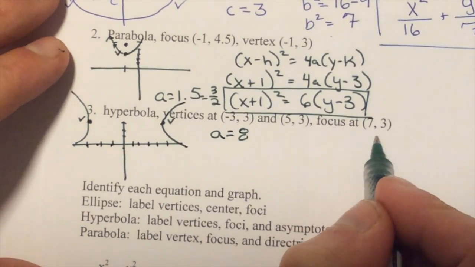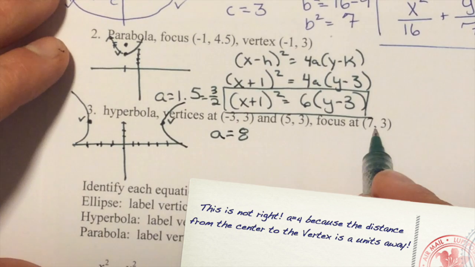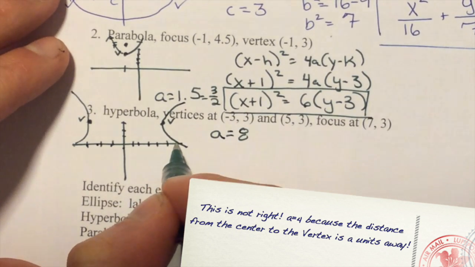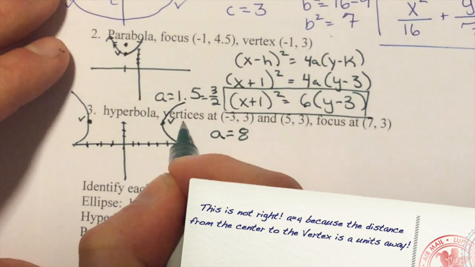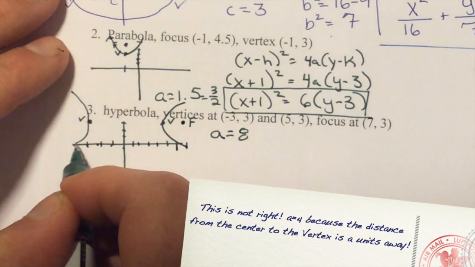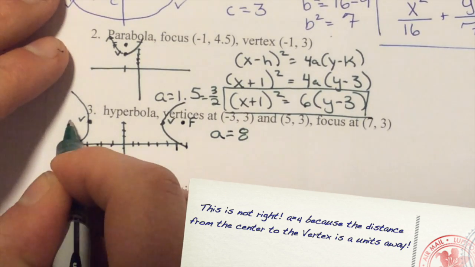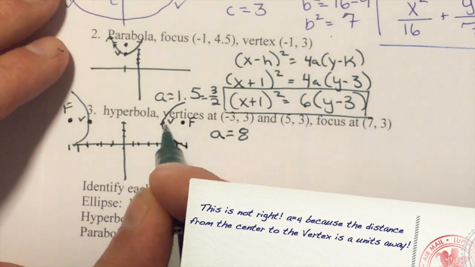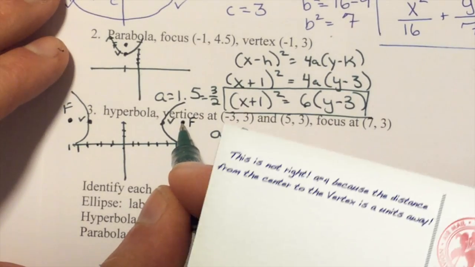My focus is at 7, 3. So 5, 6, 7. So that's my focus. That means my other focus would be here, an additional 2 away.